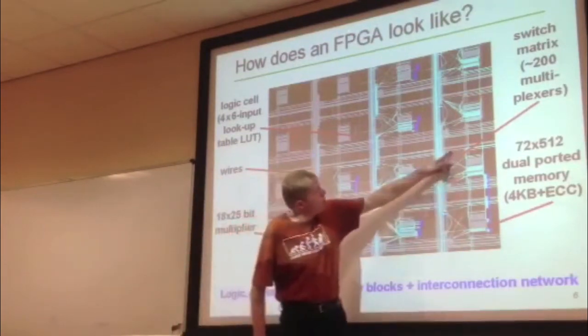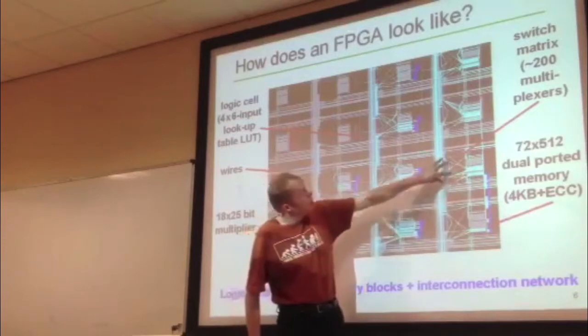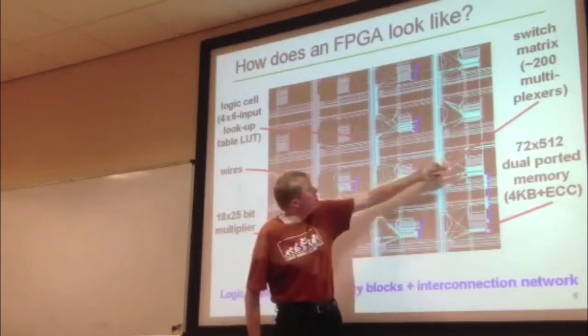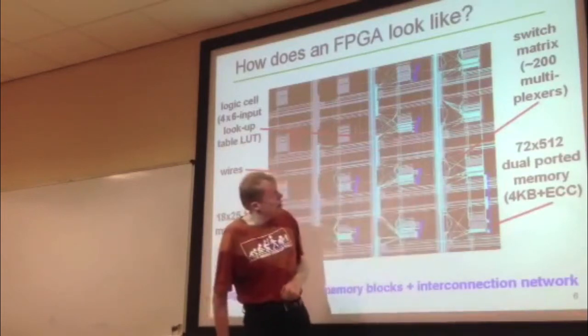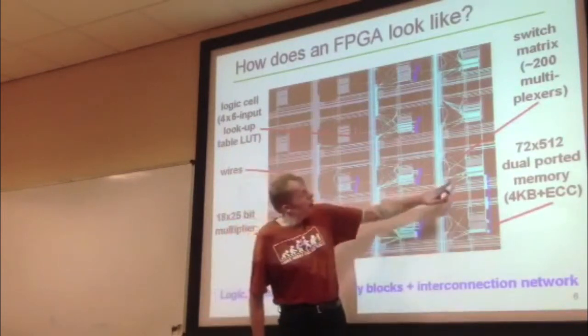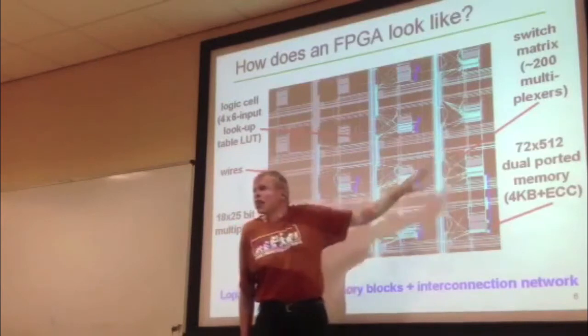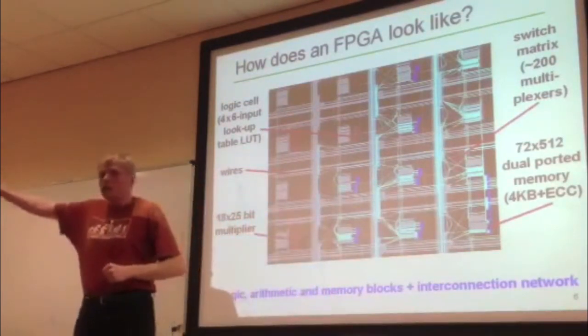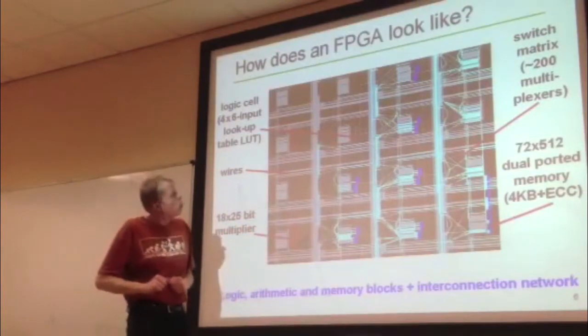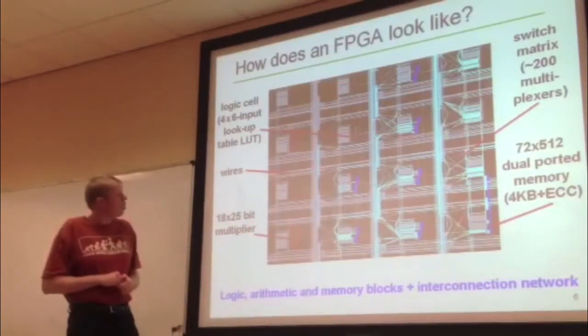This is called a switch matrix. This is used to program interconnections. This gray stuff is wires. The highlighted wires are the wires used at the moment, and you can basically program connections. This is nothing else than multiplexers you can program. And you can basically draw a path across the chip to route certain nets.